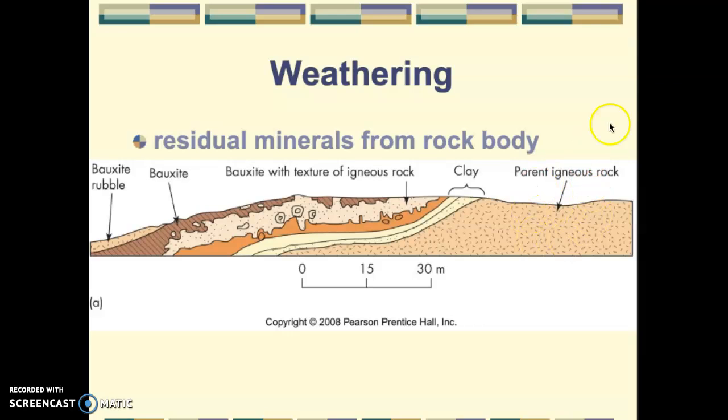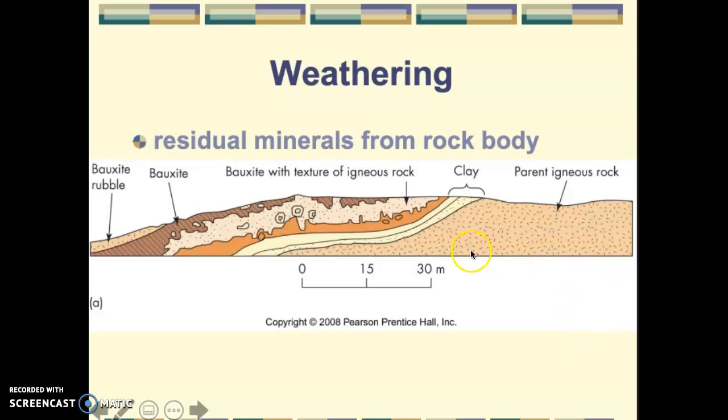But when that rock is exposed to weathering processes, so basically it's exposed at the Earth's surface, rain falls on it, there is probably vegetation on top, and the rain combines with the dead vegetation to make a weak acid, carbonic acid, and that can help tear apart the rock.